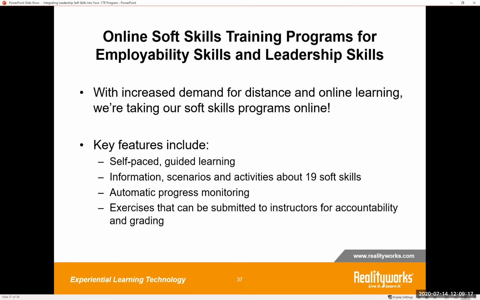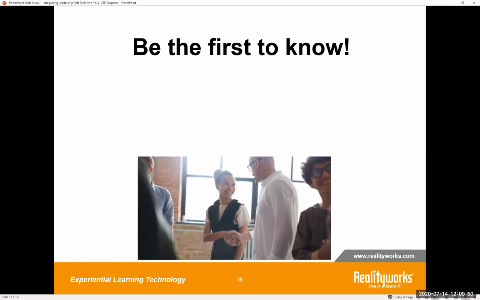So we think that students will find it engaging, and it will also help them learn about key employability and leadership skills in a really engaging online environment. The courses include progress monitoring, so students can see how far in each lesson they've gone and when it's completed. There are also many, many exercises that can be submitted to you instructors for accountability and grading. So we are very, very excited to make these available to everybody in that back to school time frame.